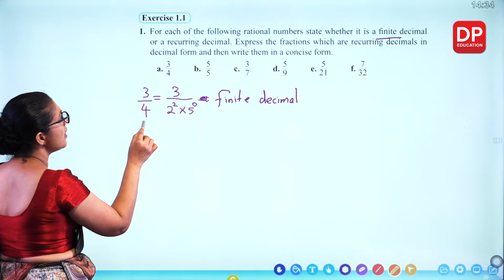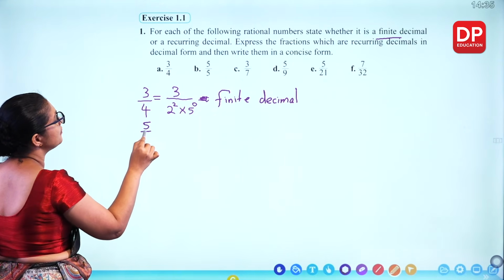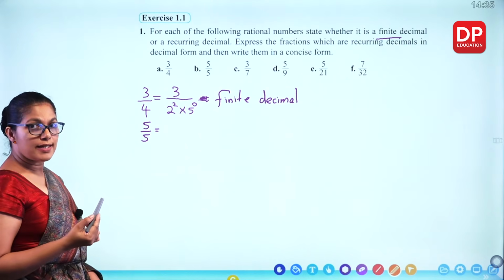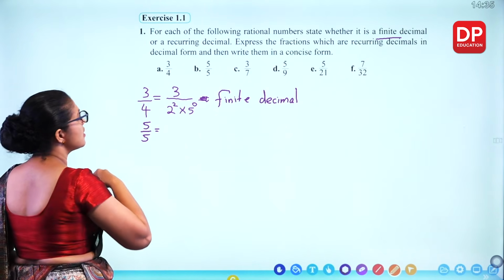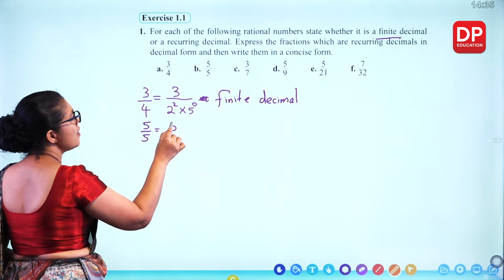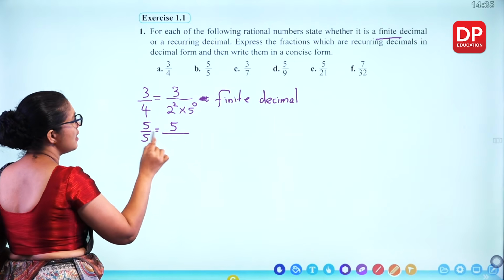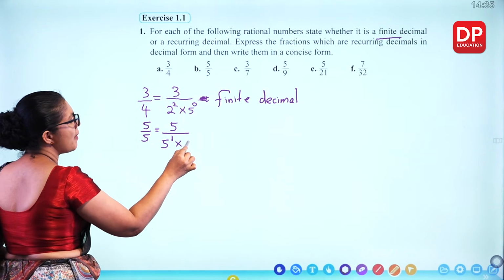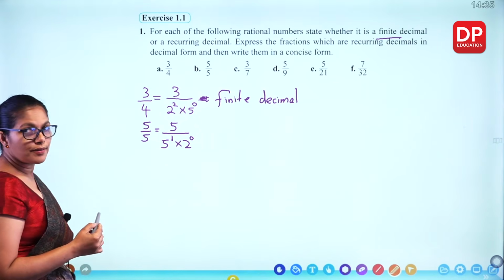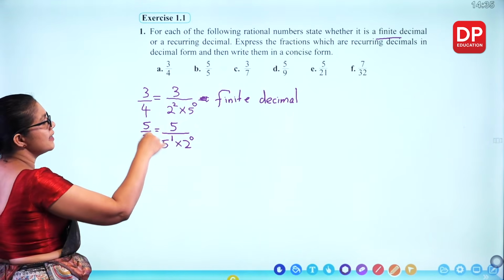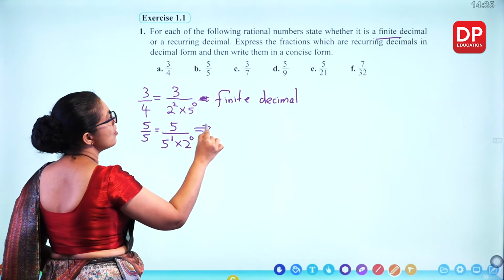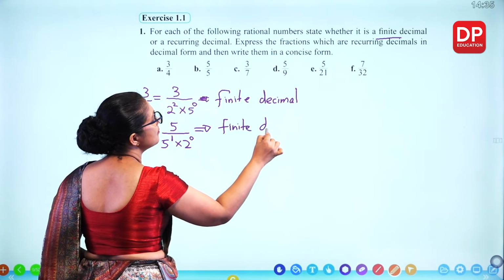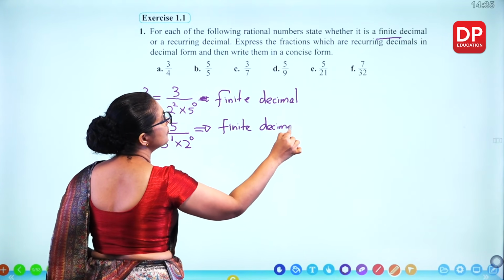Now we'll take the next one, 5 over 5. Without simplifying, I can write down 5 over 5 to the power 1 and 2 to the power 0. So what can you say? This is also a finite decimal.